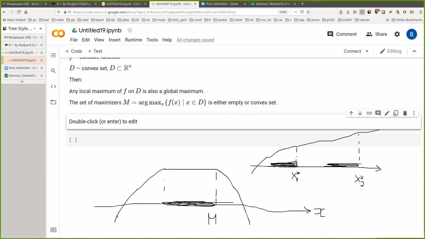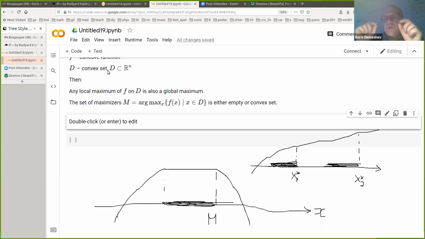So the problem is I would like to increase the value from x1 star by moving right a little bit, but my set D is not convex, and so I cannot do so. Why do I need D to be a convex set? I need at least a guarantee that it consists of one piece. So it's a necessary condition.